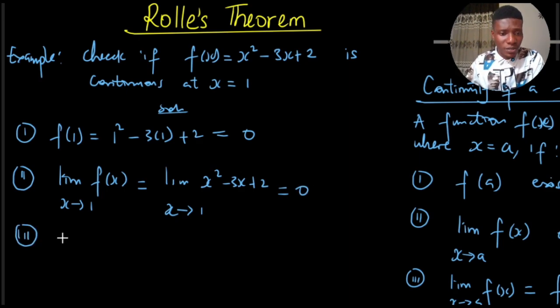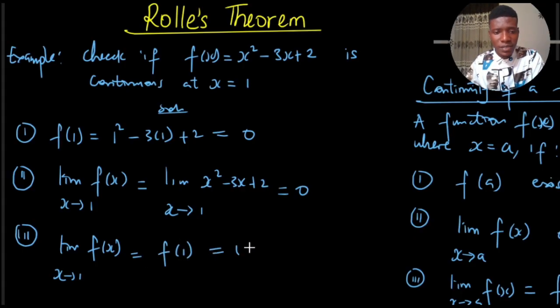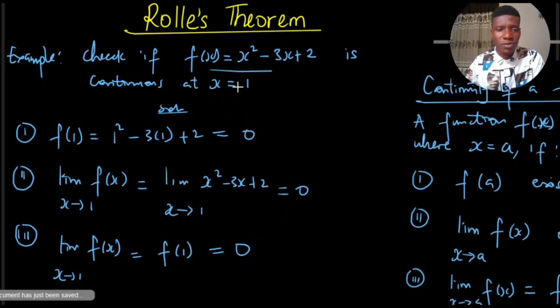The third condition that you are going to check is whether the limit is the same thing as f of 1. Is the result that we got in condition 2 the same as the one in condition 1? Yes, the 3 conditions are satisfied, so you can conclude that this function is continuous at x equals 1.